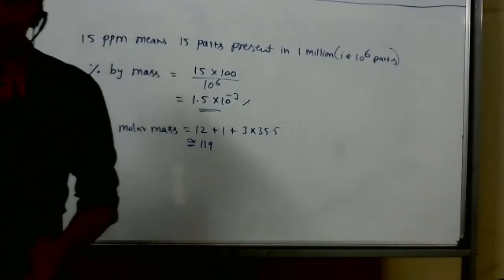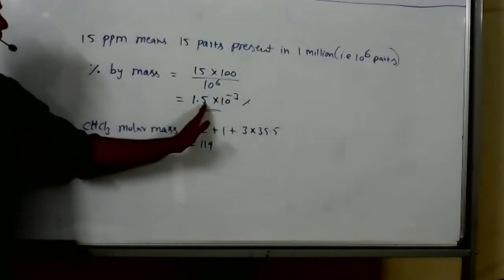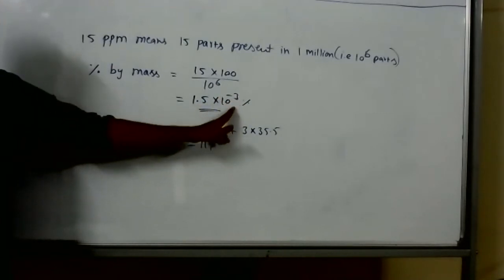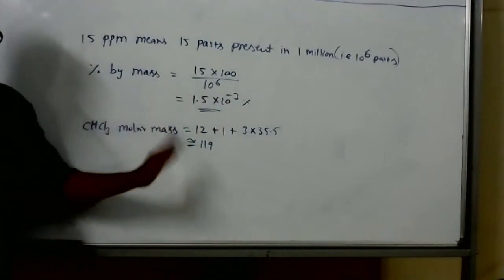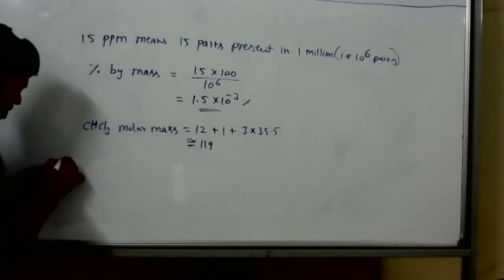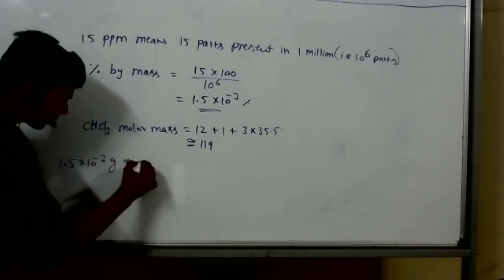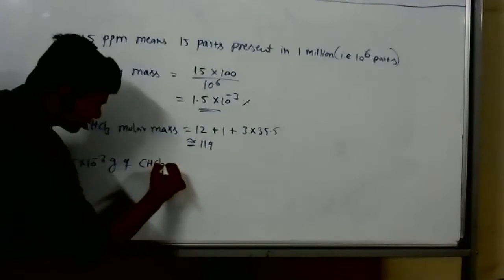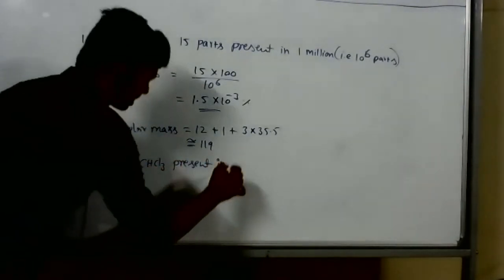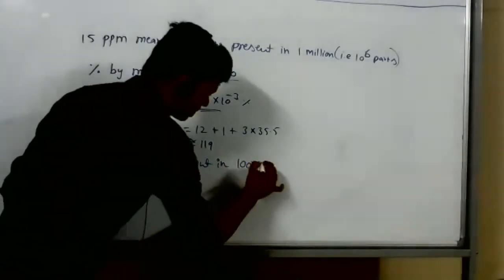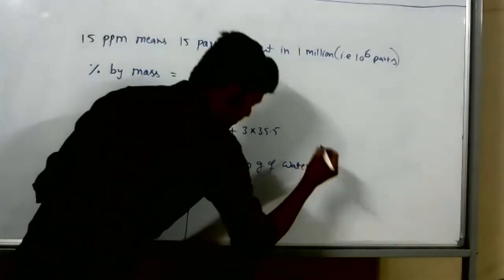So here we're calculating percentage. This means 1.5 into 10 power minus 3 grams of chloroform present in 100 gram of solution, correct? 1.5 into 10 power minus 3 gram of chloroform present in 100 gram of water. That is solution only.